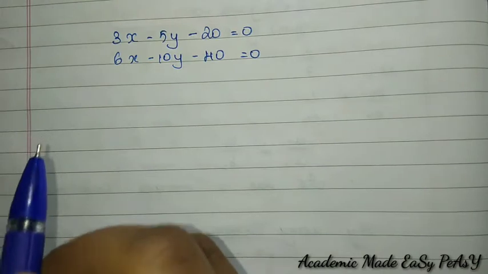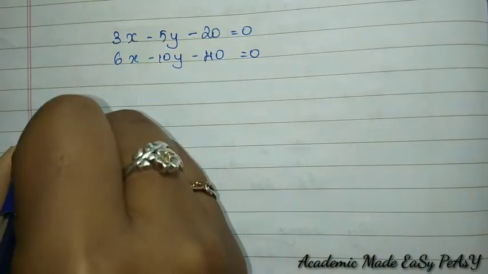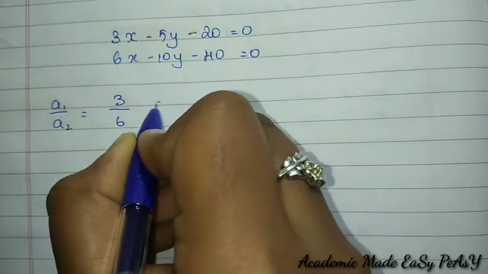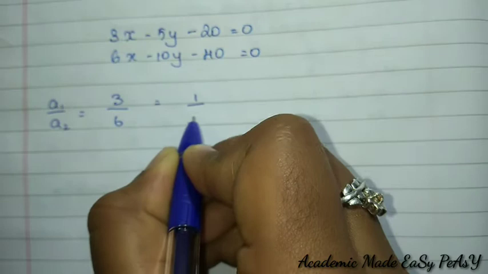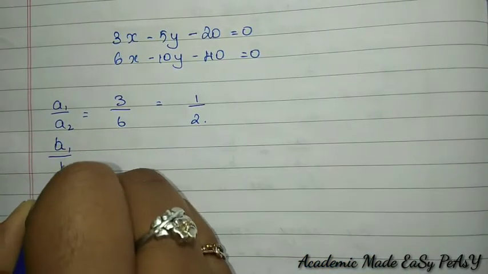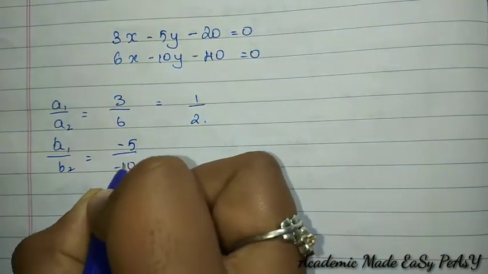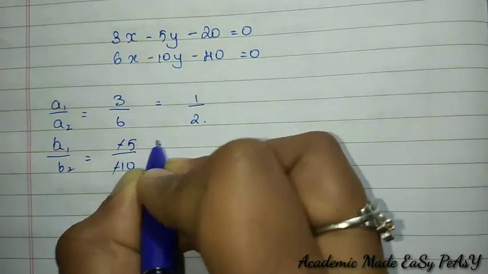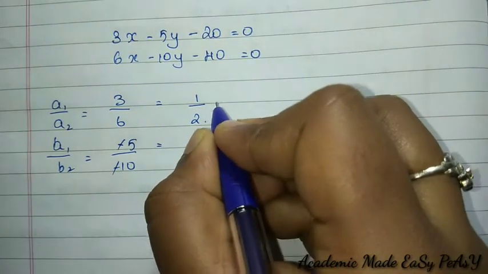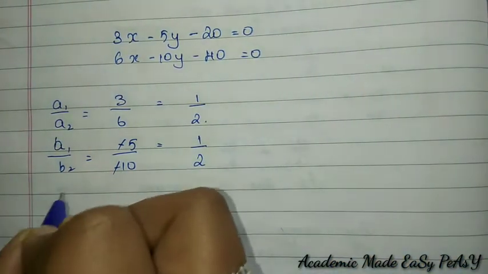Now let us start checking the ratios. A1 by A2 is equal to 3 by 6, which can also be written as 1 by 2. Next, B1 by B2 is equal to minus 5 by minus 10. Minus and minus will get cancelled, so 5 by 10 is 1 by 2. Since my A1 by A2 is equal to B1 by B2, I will go to the next step, that is C1 by C2.